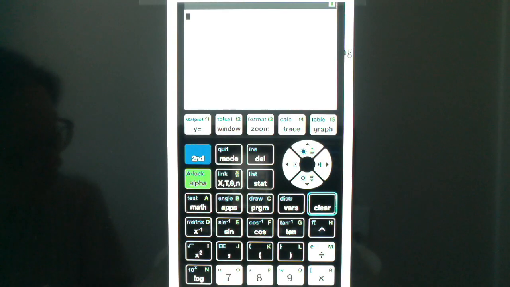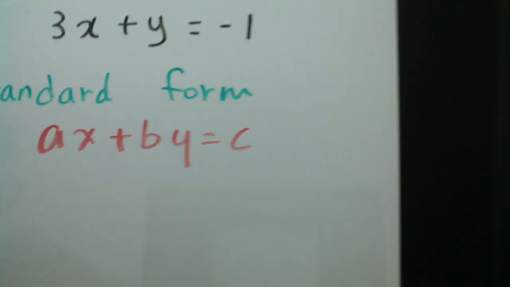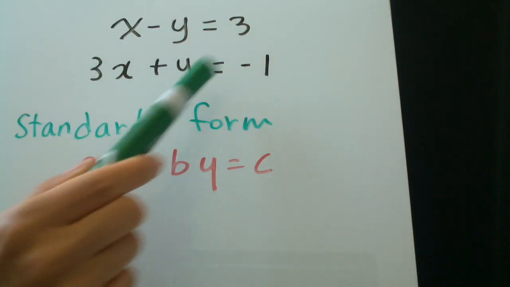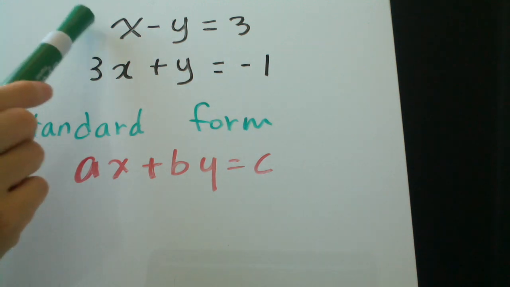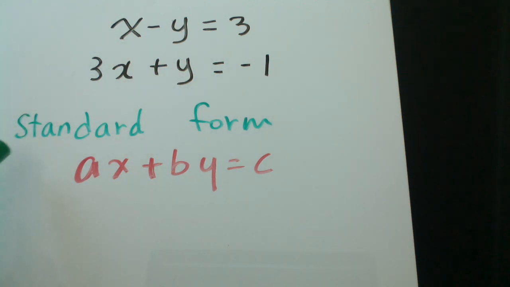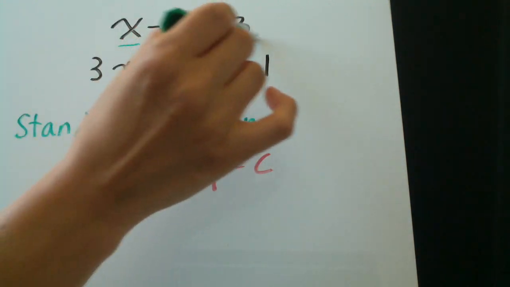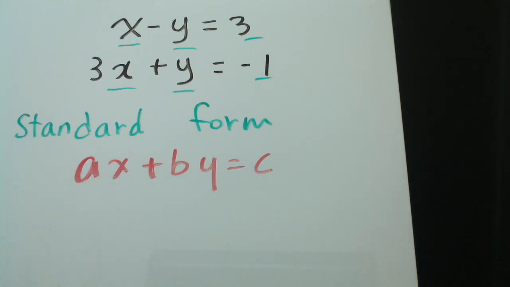Number 21, we'll find the matrix. So here is the equation. So this is kind of a simple question. When you look at this, make sure to check if the system of equations is in standard form. Yes, because x, y equal a number, right?